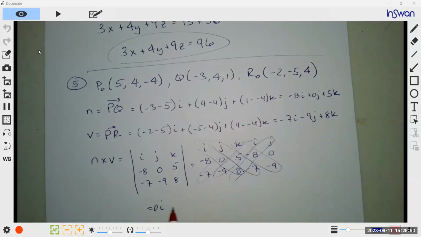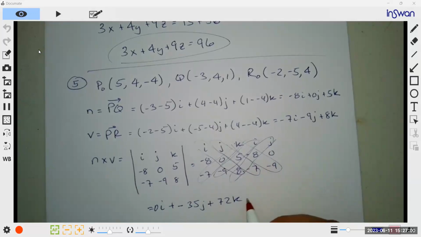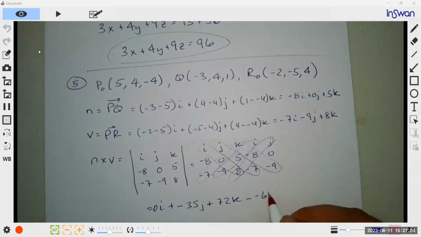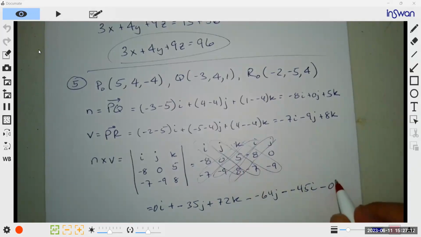0 times 8 is 0, so it's 0i. -35j, 72k, minus -64j, minus -45i, minus 0k.